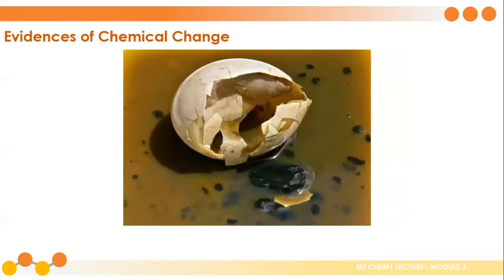And we can also observe an odor change in a specific substance. Let's say, for example, as seen in the picture, a rotten egg. As time passes by, a chemical change occurs in a rotten egg, causing it to emit a pungent or foul-smelling odor.